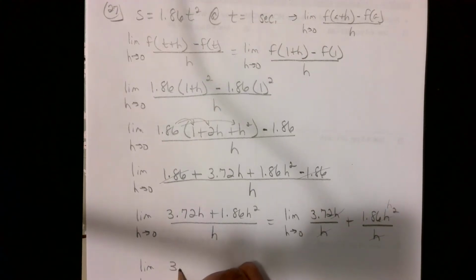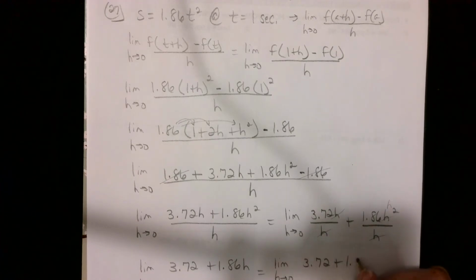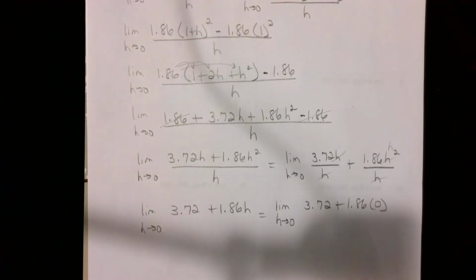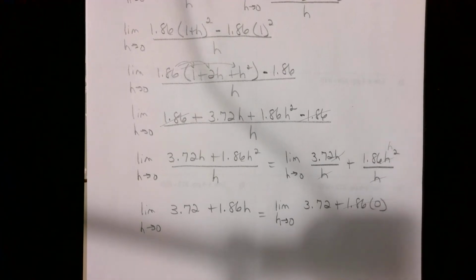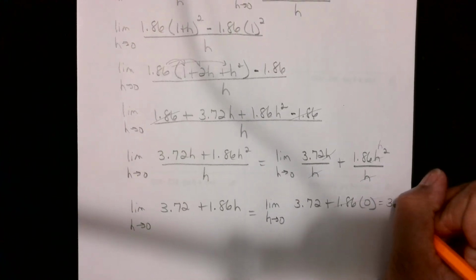So this is 3.72 plus 1.86h. Then we get the limit as h approaches 0 of 3.72 plus 1.86 times 0. Now h is 0. Don't forget, h is 0. And then anything times 0 is 0. So this is 3.72.